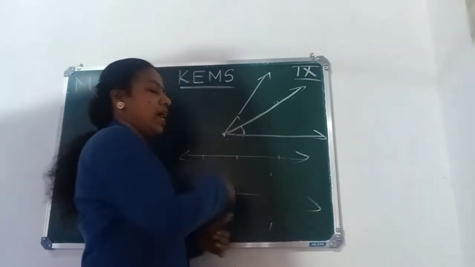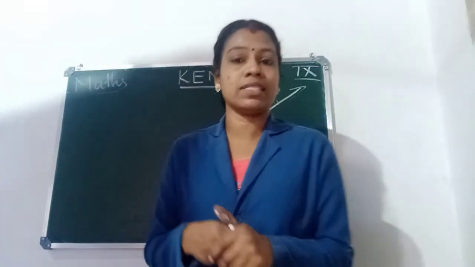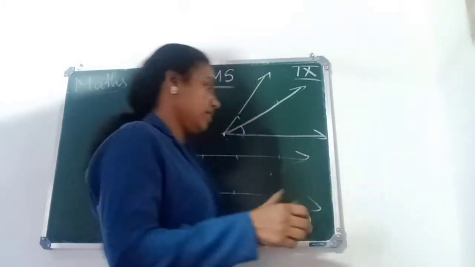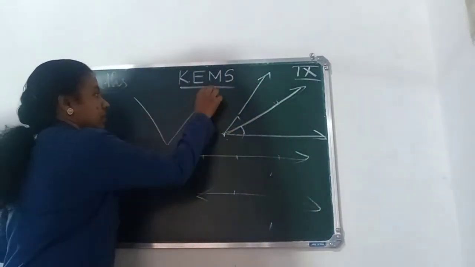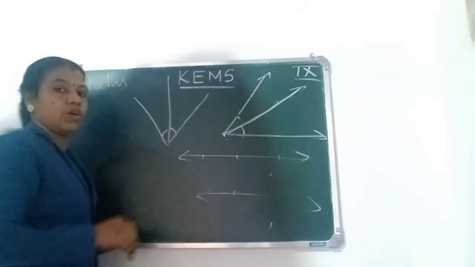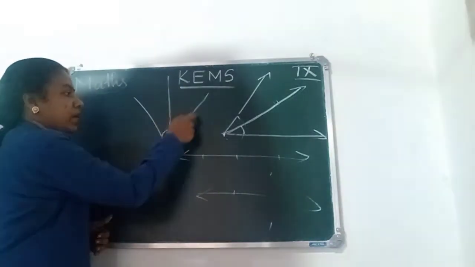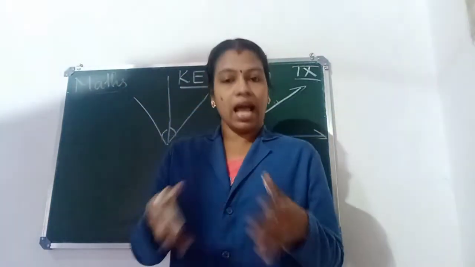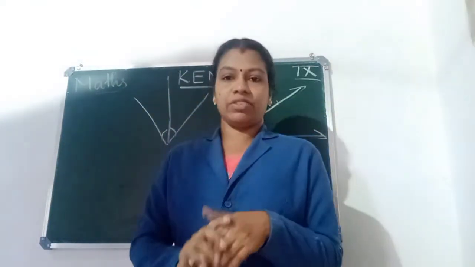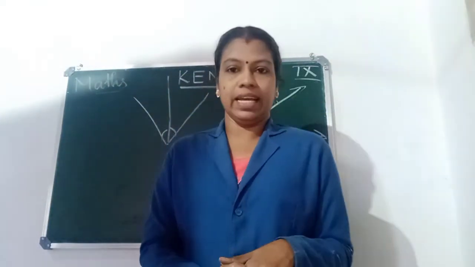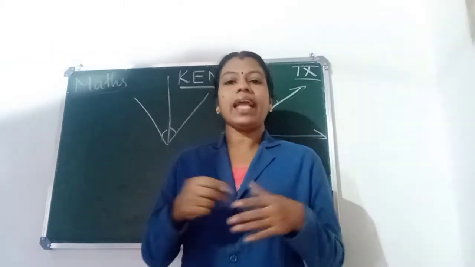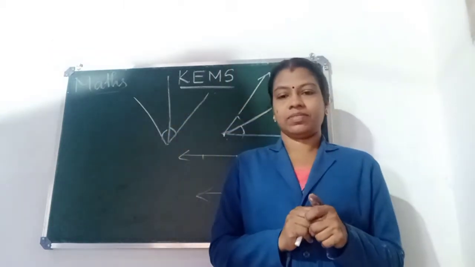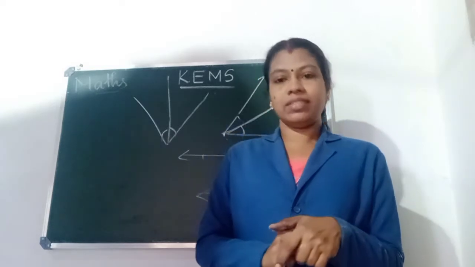So, these two angles are known as adjacent angles. Clear? So, these two are also adjacent angles. This is the common arm, and these two non-common arms lie on different sides of the common arm. Okay, clear? Yes. Next, linear pair of angles. What is linear pair of angles?